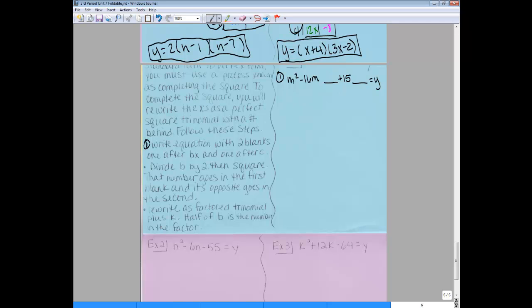The second thing we're going to do is divide b by 2, and then we're going to square that number. So the second step, my b, it says it right here, is negative 16.